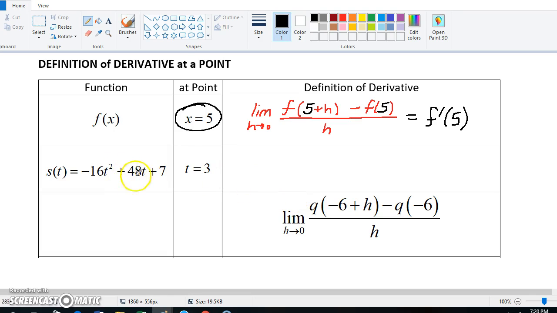All right, let's take a look at s(t). We want the derivative of this function s(t) when t equals 3. So we're going to say the limit as h approaches 0 of, I'm writing a little template here, because the first thing I need to find is s(3 + h).